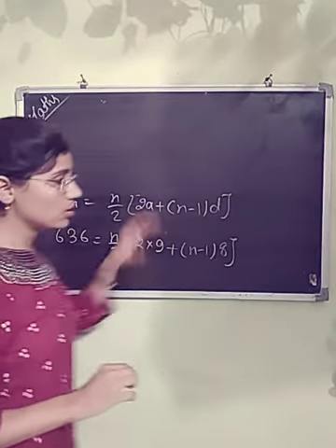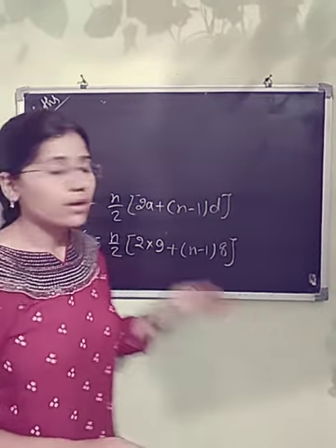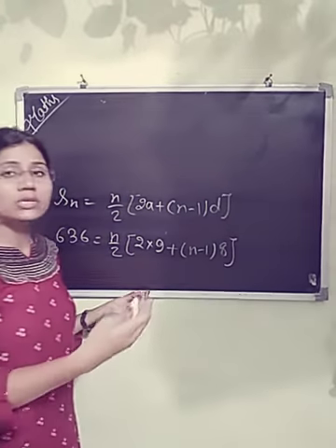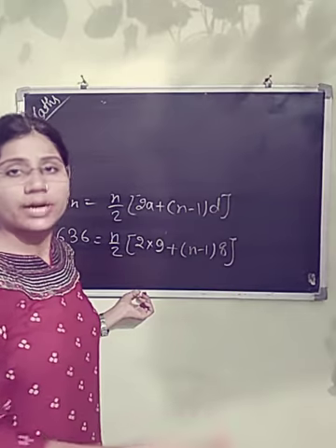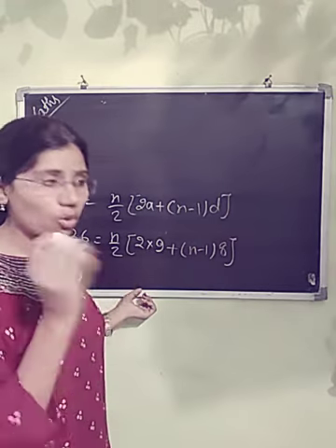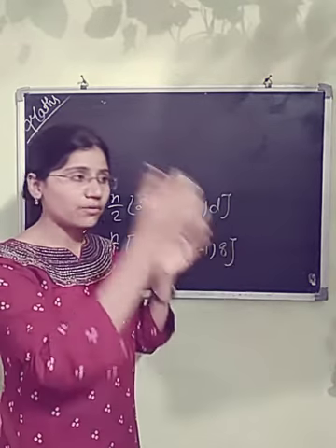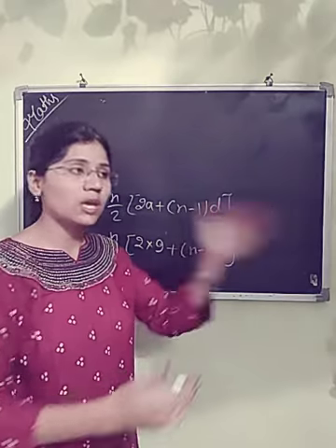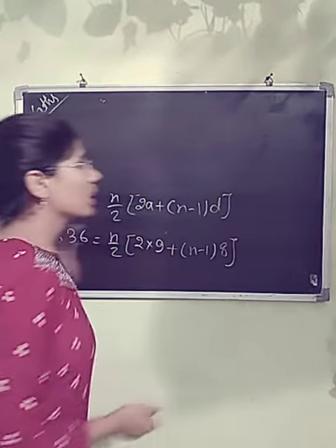This is the only case of finding n where we need to use a concept of the previous chapter, and as we have still not read about that chapter, that's why I told you that you don't need to think too much. Only think about the quadratic polynomial, and if you have read it, the same concept of splitting the middle term method we can apply over here.